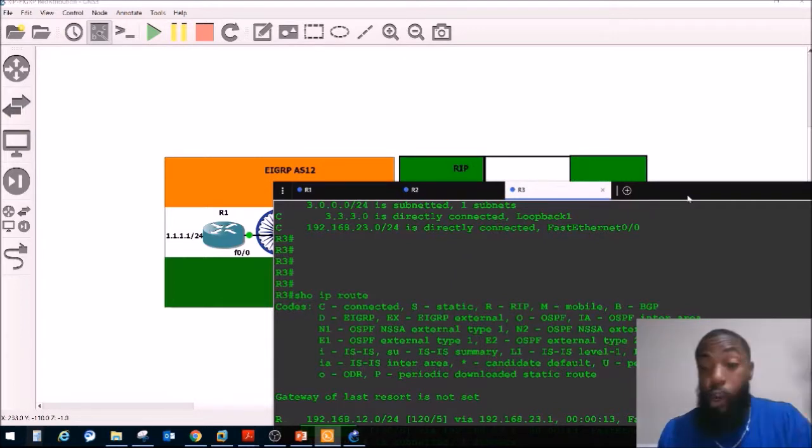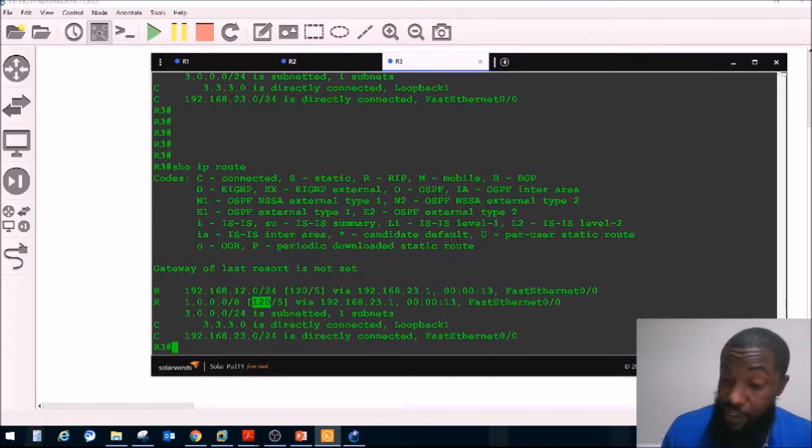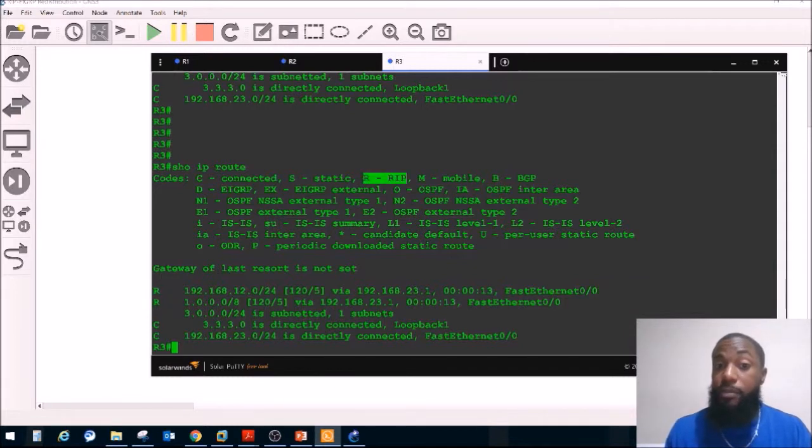Not really a whole language, but it's like he learned a word or two, right? The AD is 120, obviously, for RIP. Notice it says R. This is a RIP route. The RIP AD is 120. And the hop count, we lied to him and said the hop count is 5. That's what we did there. And he learned it via the 23.1 interface.